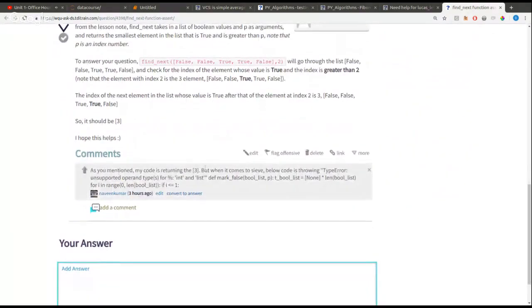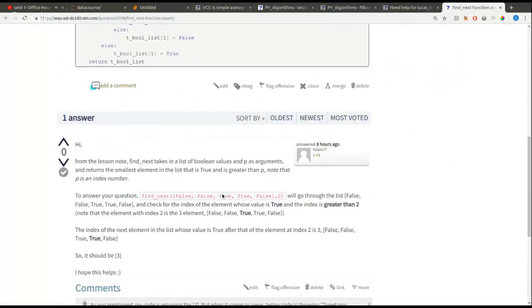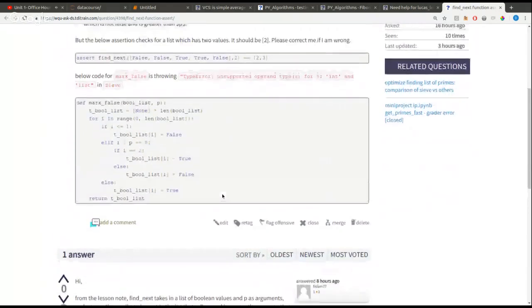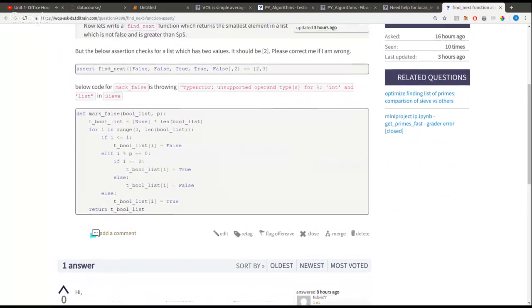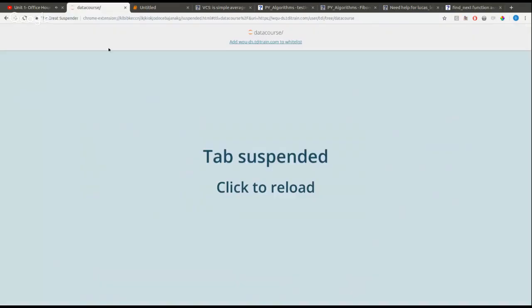Code is returning 3 when it comes to below, throwing type error, unsupported operand type for modulus int and list. This is a little strange. Let me check something.